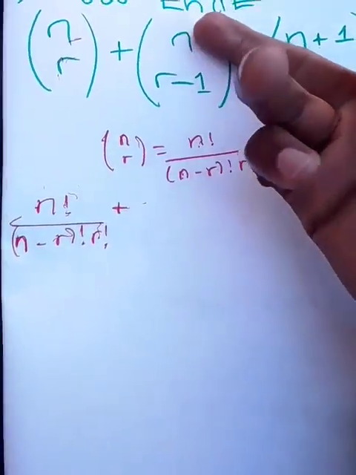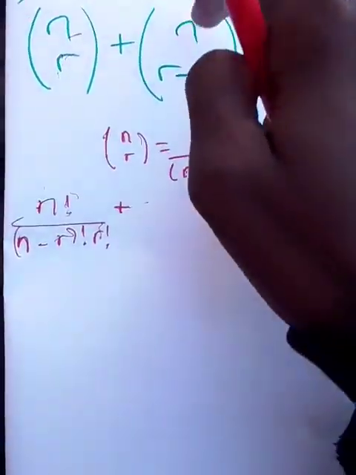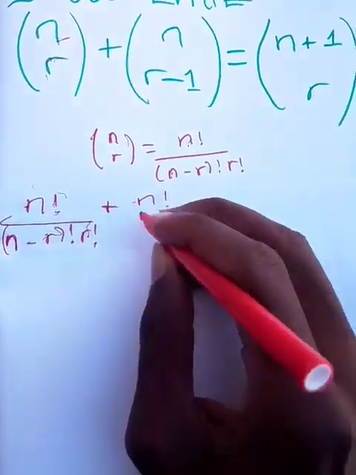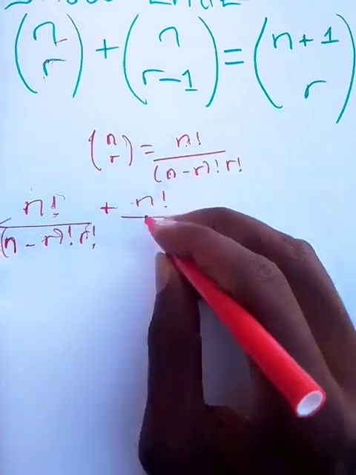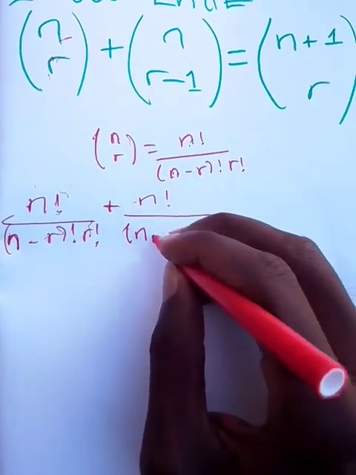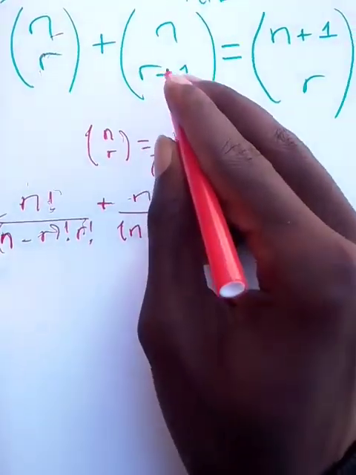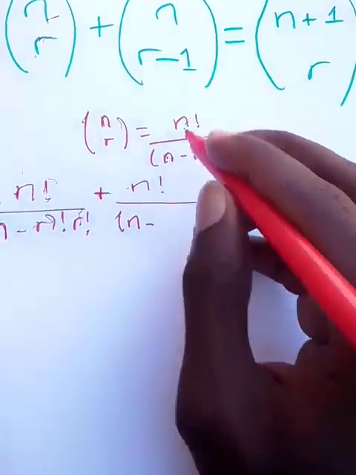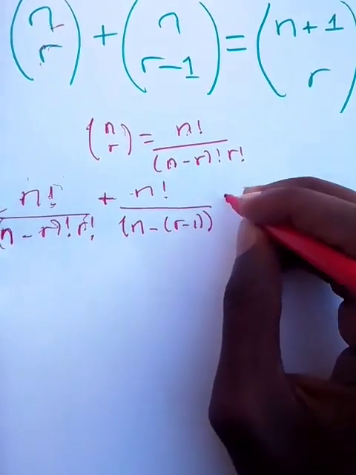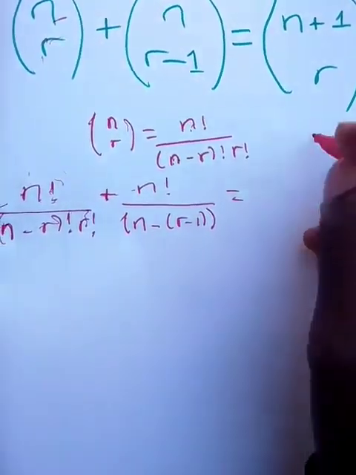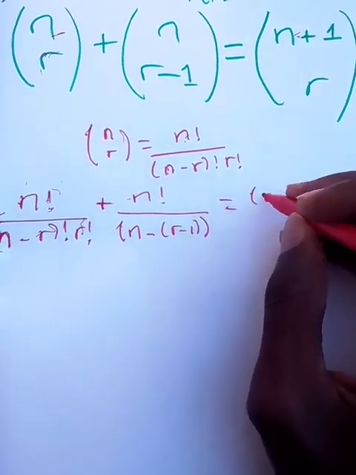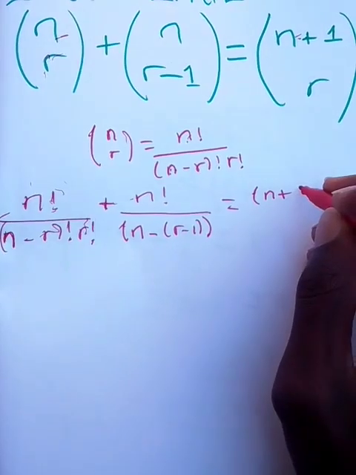Now again, where is n, I'll just put n, because even there we have n. So I'll write n factorial over n minus, where is r this time, I'm putting r minus 1. So I'll say r minus 1. Then I'll say equals, where is n this time, I'm putting n plus 1. So I'll say n plus 1.